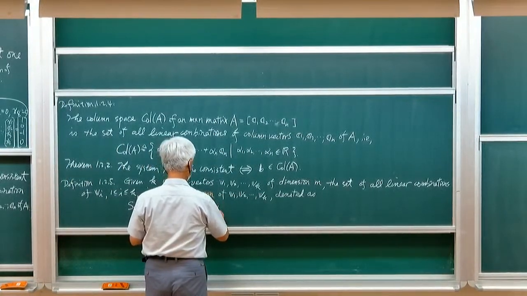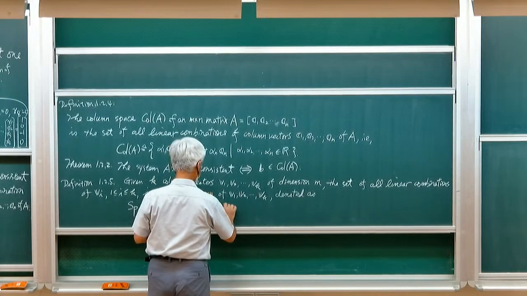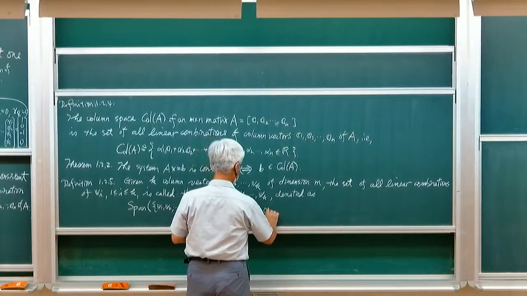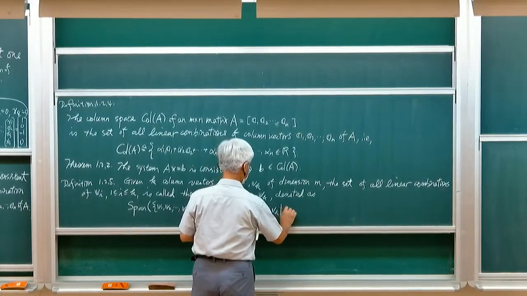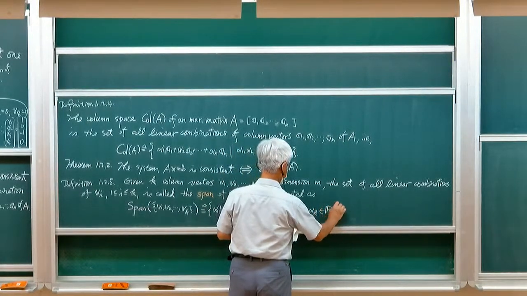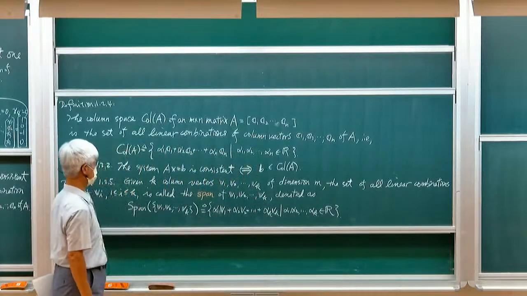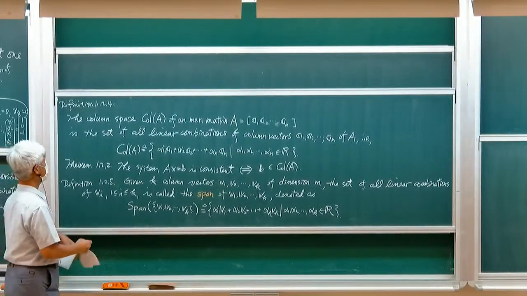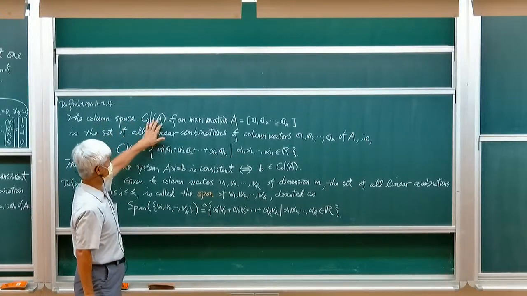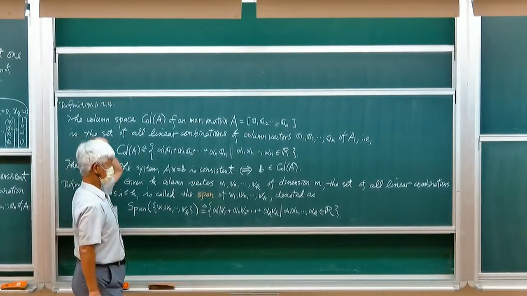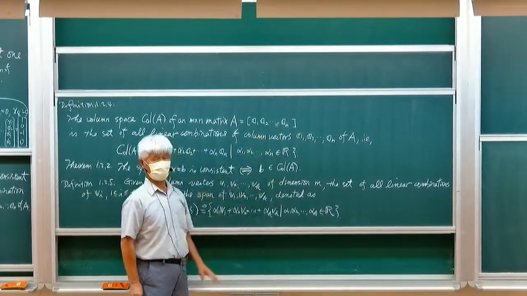Okay, again, you can see the column space of a matrix A is just the span of the column vectors of A. Okay.